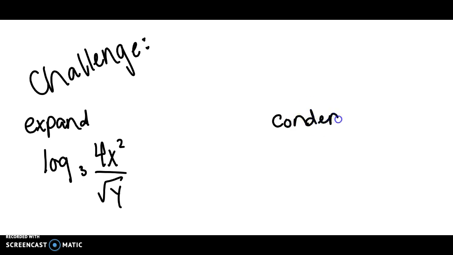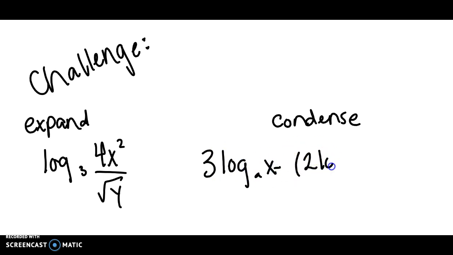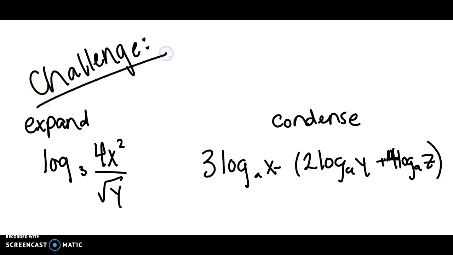And if you can do that, try to condense the following: 3 log base a of x minus parentheses log base a of y plus 4 log base a of z. Hope you can read that. Try those. Again, I'm just trying to challenge you and really draw on that prior knowledge. So go ahead and try that. Unpause me and we'll check.